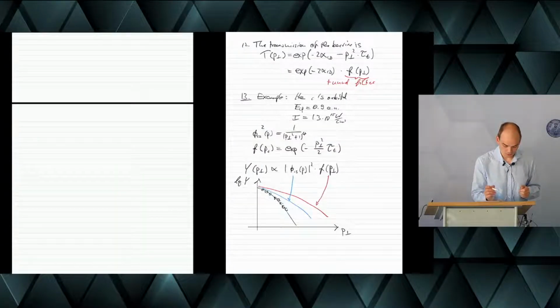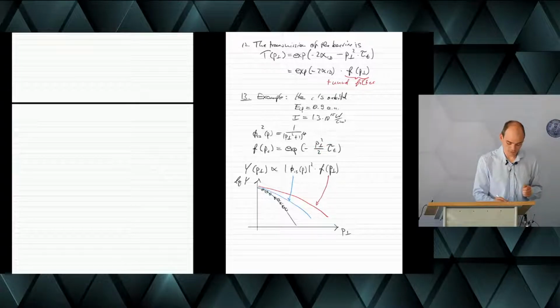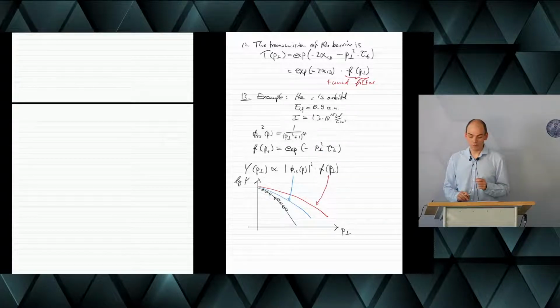Yes, that's a mistake. Thank you. And we are just taking the perpendicular part, like in the wave function, because that's the only one we're looking at. Yes, exactly. So this is integrated over all longitudinal momenta.